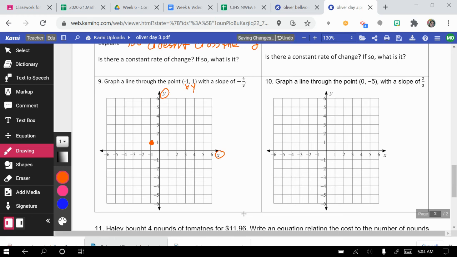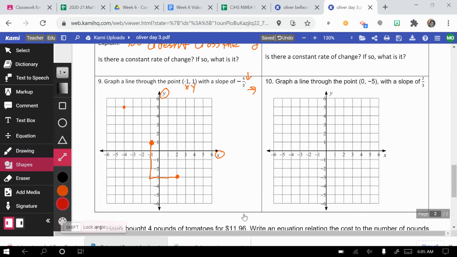But when we're doing our slope, we always do rise over run. So it tells me go down 4. So 1, 2, 3, 4, and then I run 3. 1, 2, 3. All right, so if I ran out 3, that's about where my other point should be. There's my line.